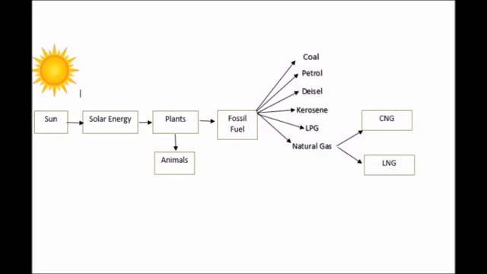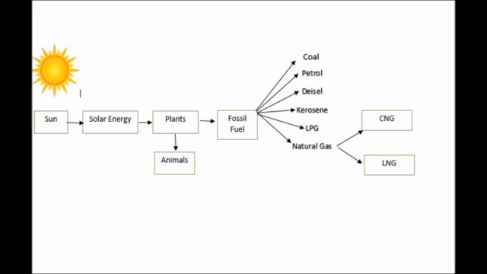Both the plants and animals grow. Then finally, after many years, the plants and animals die and decay. So when they die and decay, what is formed? It is the fossil fuel. Now, you should understand what this fossil fuel is.